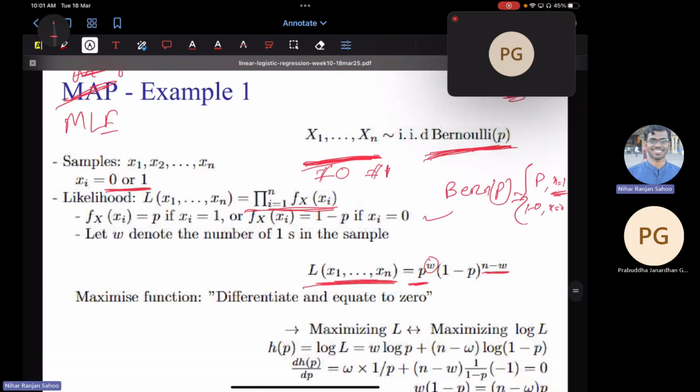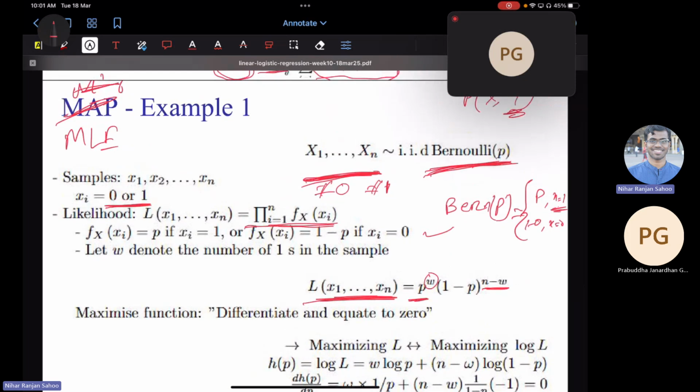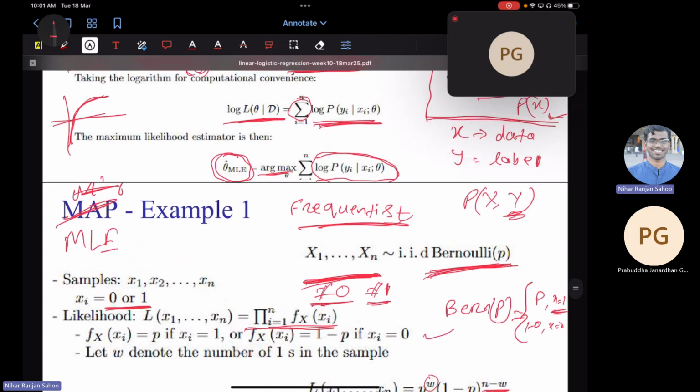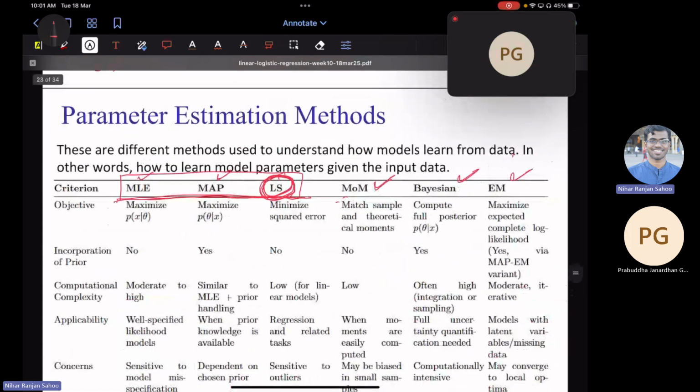So if you see here, in MLE what we are doing is computing the occurrences, right? The number of times 0 occurred, the number of times 1 occurred. This computation of occurrences is something called the frequentist approach. Frequentist. Right. So we discussed multiple estimation methods, right?